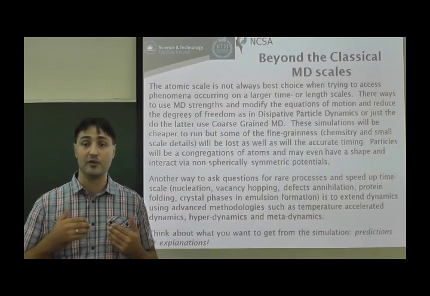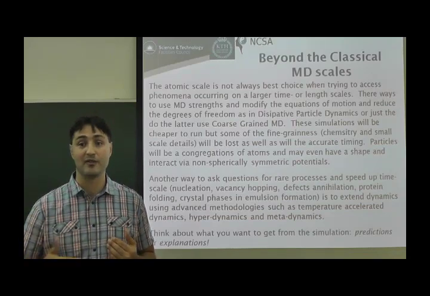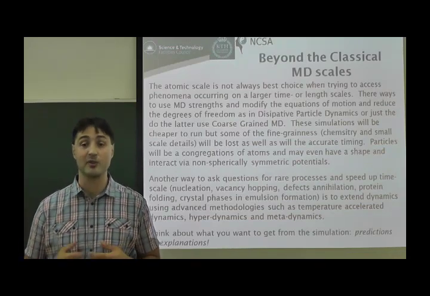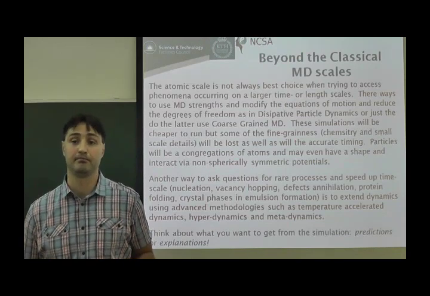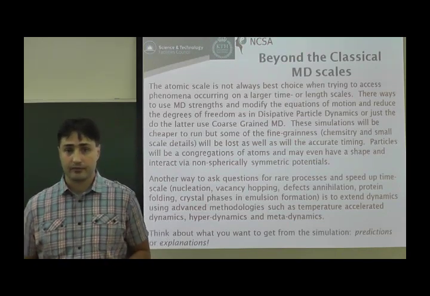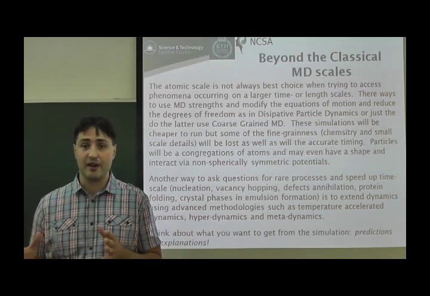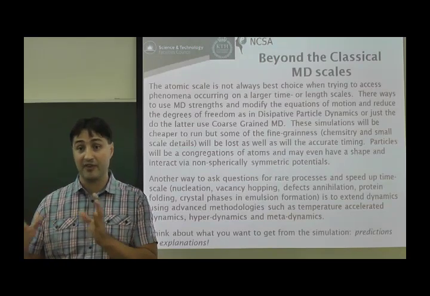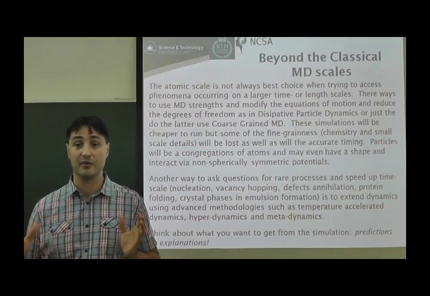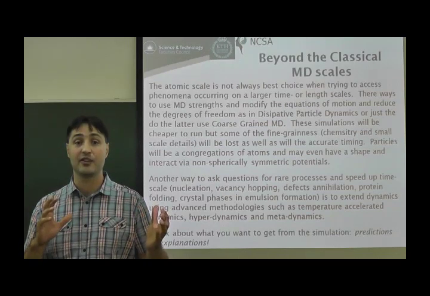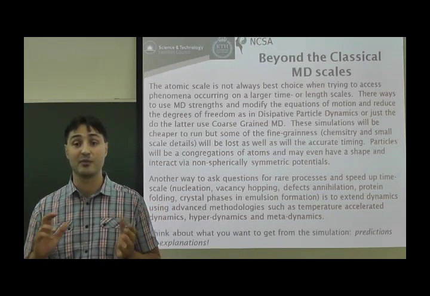Of course, if you look at accuracy of timing, we can perform more exact experiments, but you have to pay more in computational time. So, particles will be a congregation of atoms and may even have a shape in a simulation, and if they have a shape, they can also interact via non-spherically symmetric potentials.